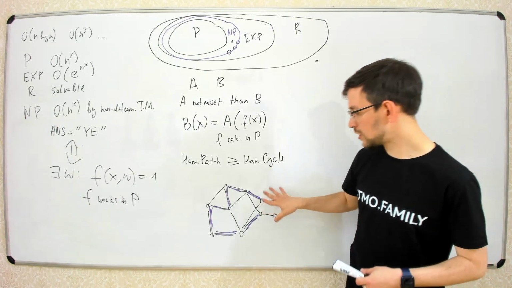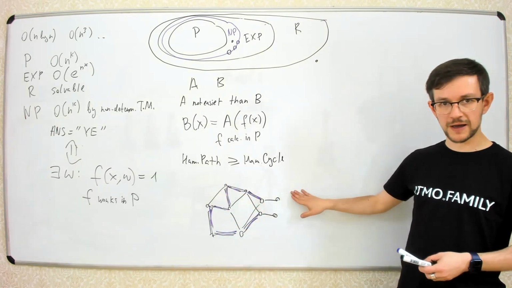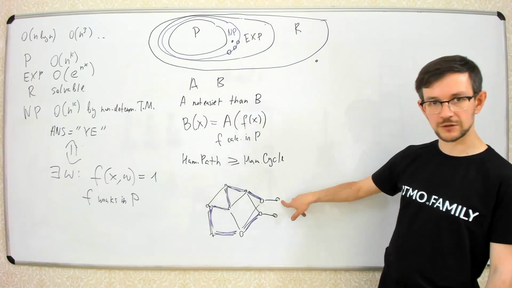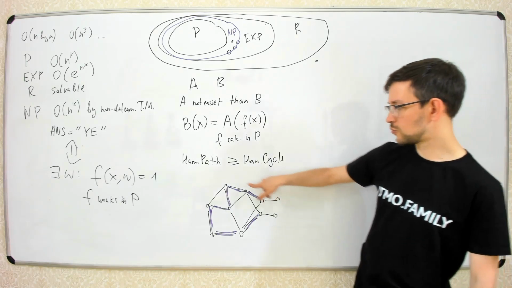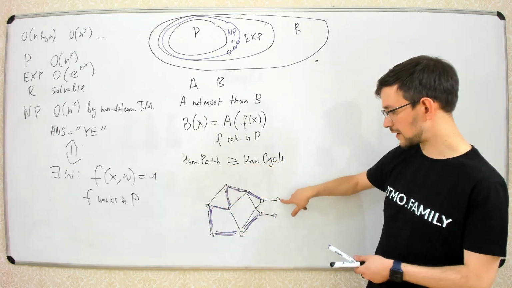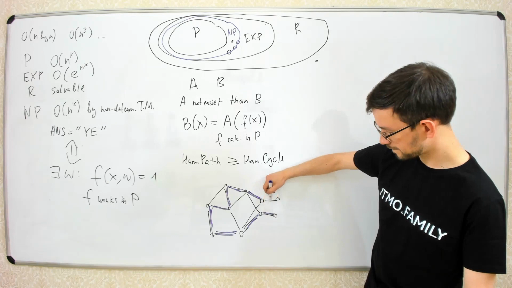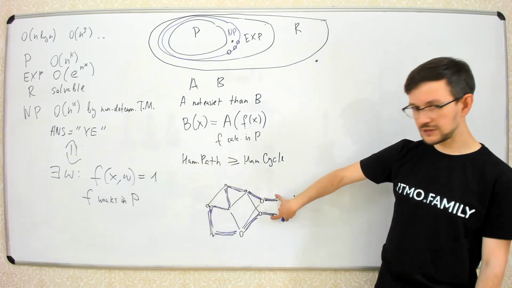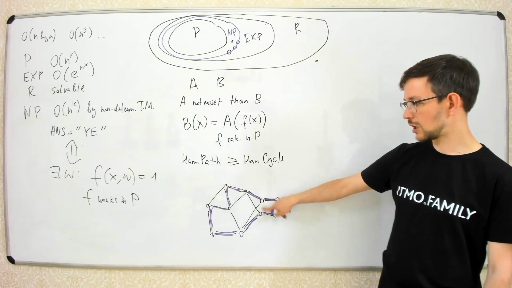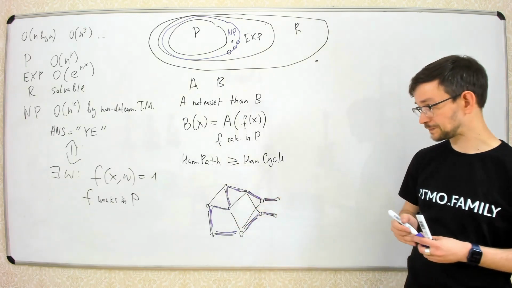And now if in this graph you build a Hamiltonian path, it will be forced to start here and end here. So in this graph you build the Hamiltonian path. It will start here and end here. Now you remove these two edges, combine this start and this finish, and you have this Hamiltonian cycle.